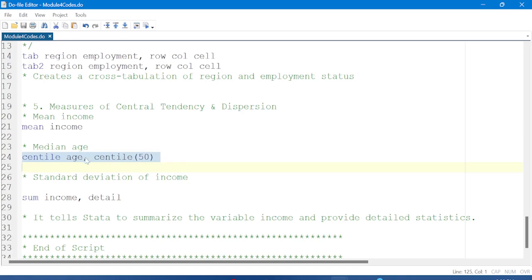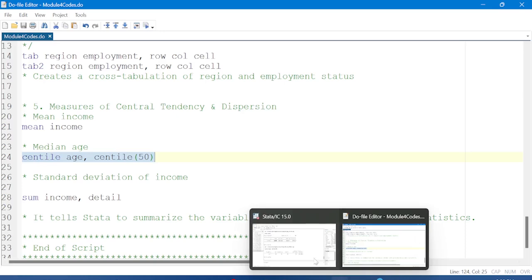And remember, anything after the comma is optional, so you can still get the centile of age without this extra statement. We want to be specific, that's why we are saying we just need the 50th percentile, not any other.